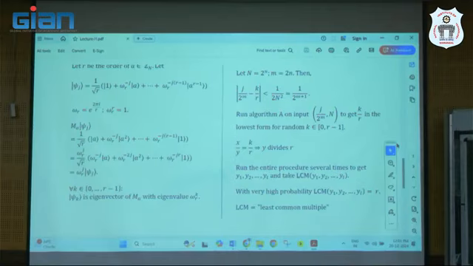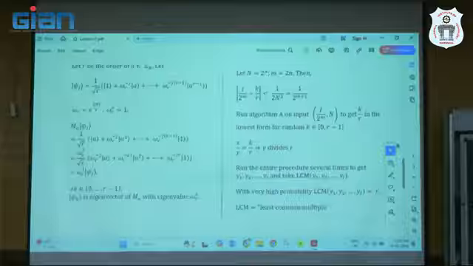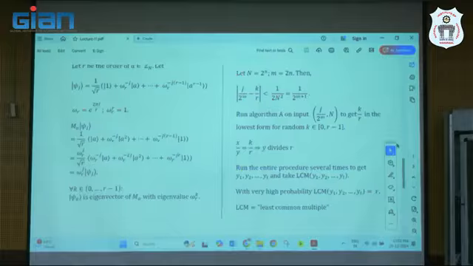And from then on, the rest of it, continued fraction, LCM, all that is classical. Agreed? Any questions? Yes, agreed.